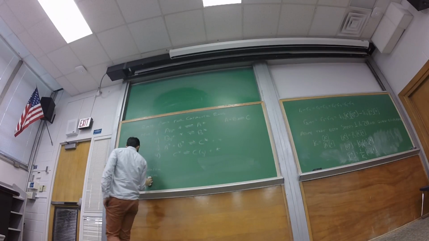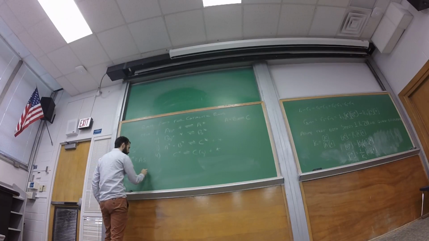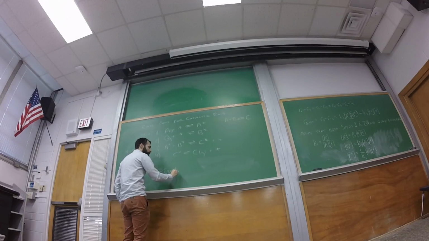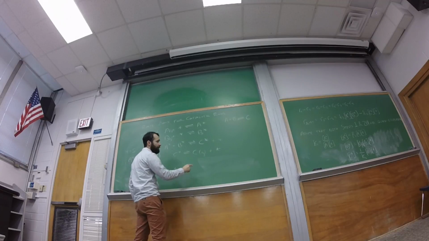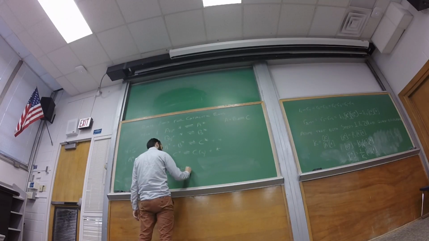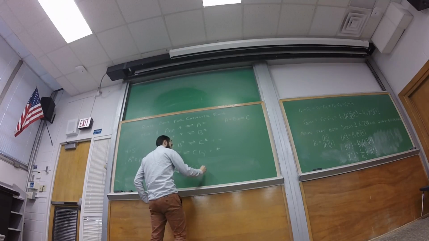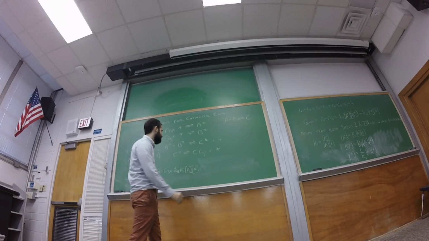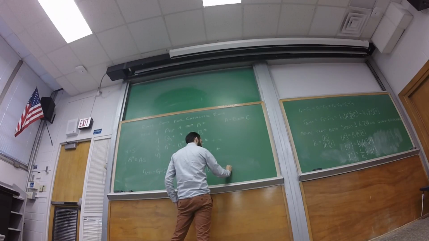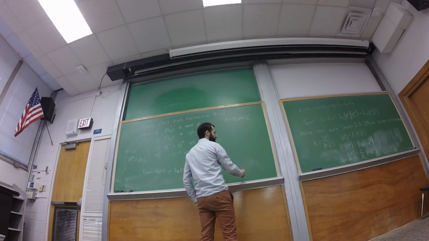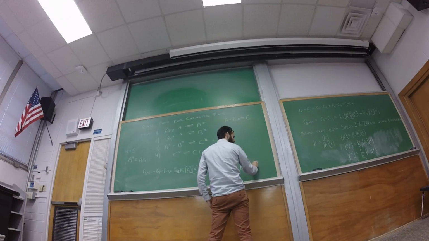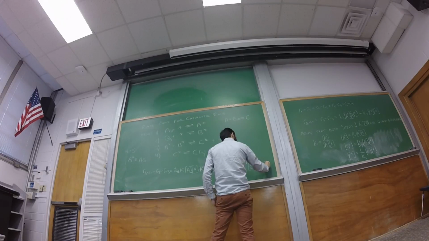So within this assumption, we get that the net rate of the third reaction is small k3 times, now A star is this, and then B star, right, which is K2, minus K negative 3 times C star, and then finally times another star.